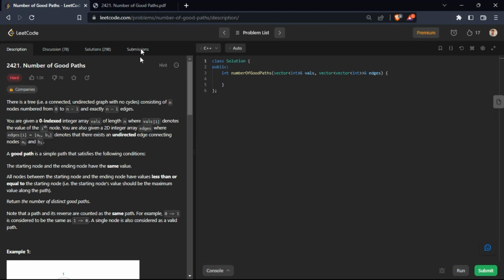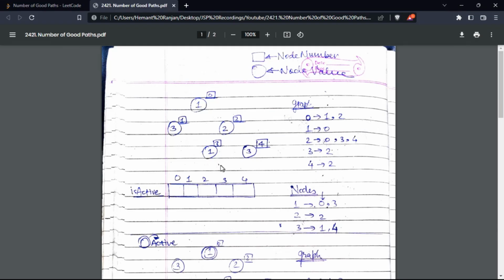For solving this, I have a picture representation for you. We will represent the nodes by circles and the node values by squares, grouping the nodes which contain value 1, 2 or 3.